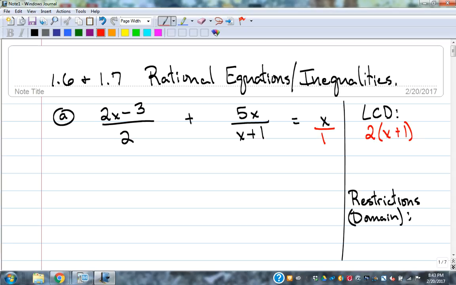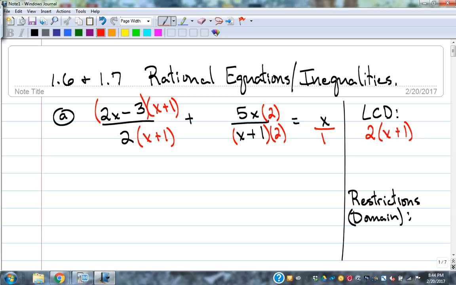What we need to do is just get everybody to have the same denominator. So what does the first fraction need? It needs an x plus 1. So the top and the bottom get multiplied by the x plus 1. What does the second fraction need? A 2. So top and bottom get multiplied by 2.